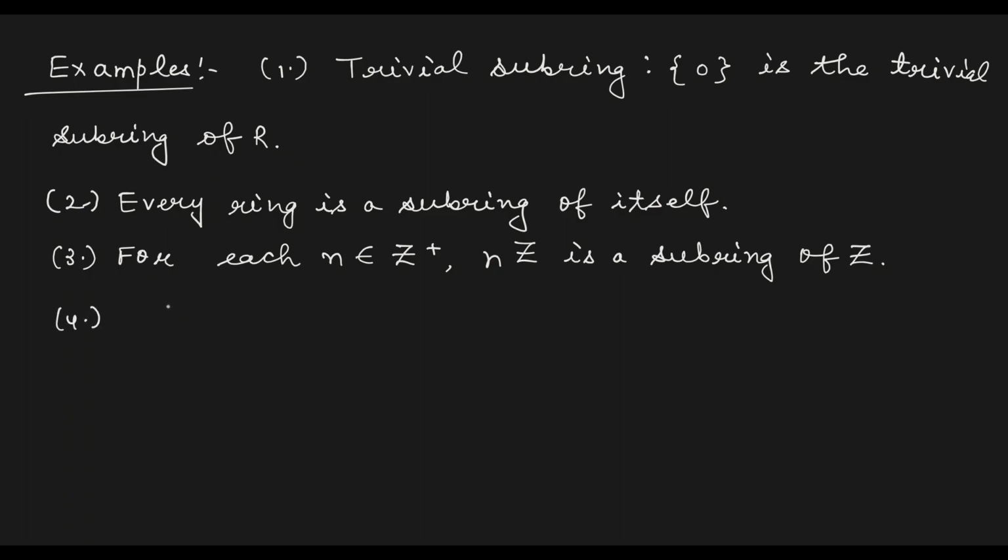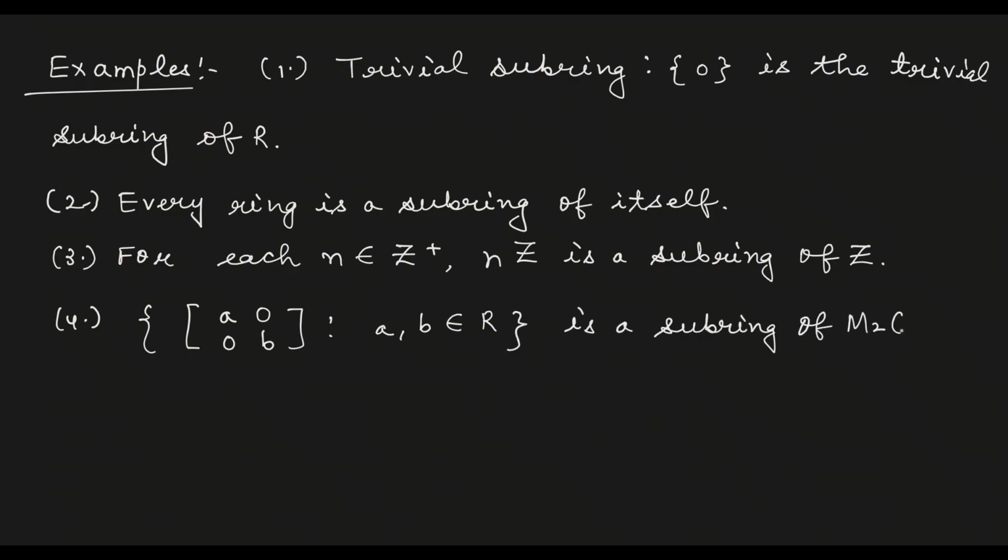Next, the subring of 2 cross 2 matrices whose entries are real numbers. The set of matrices a, 0, 0, b, such that a, b belongs to R, is a subring of M2(R).